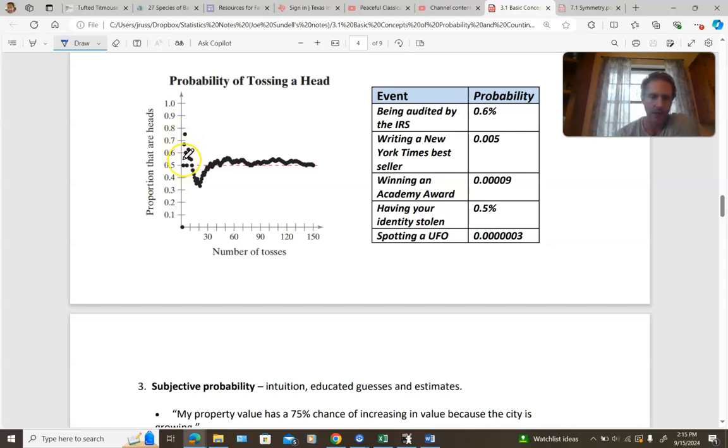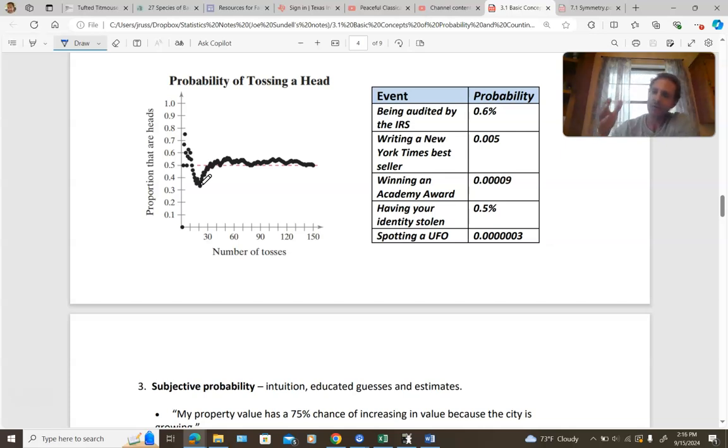But then it comes way up here and then dips way down. And that can happen for sure. If I start tossing a coin and recording the number of times that I get heads, it could be that after the first 10 tosses, 7 are actually heads.